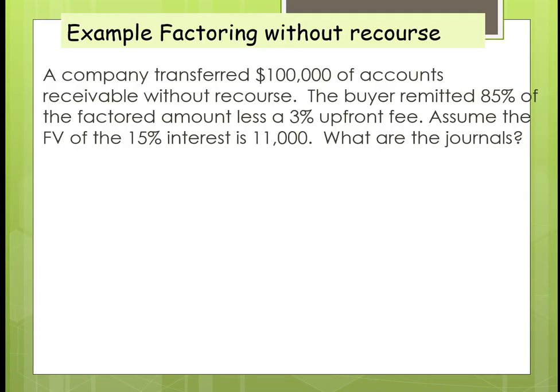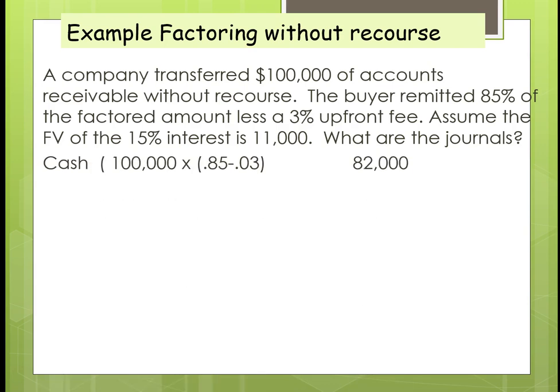All right. Company transfers $100,000 of accounts receivable without recourse. The buyer remitted 85% of the factored amount less a 3% upfront fee to cover returns and allowances. Assume the fair value of the 15% interest is $11,000. What are the journals?